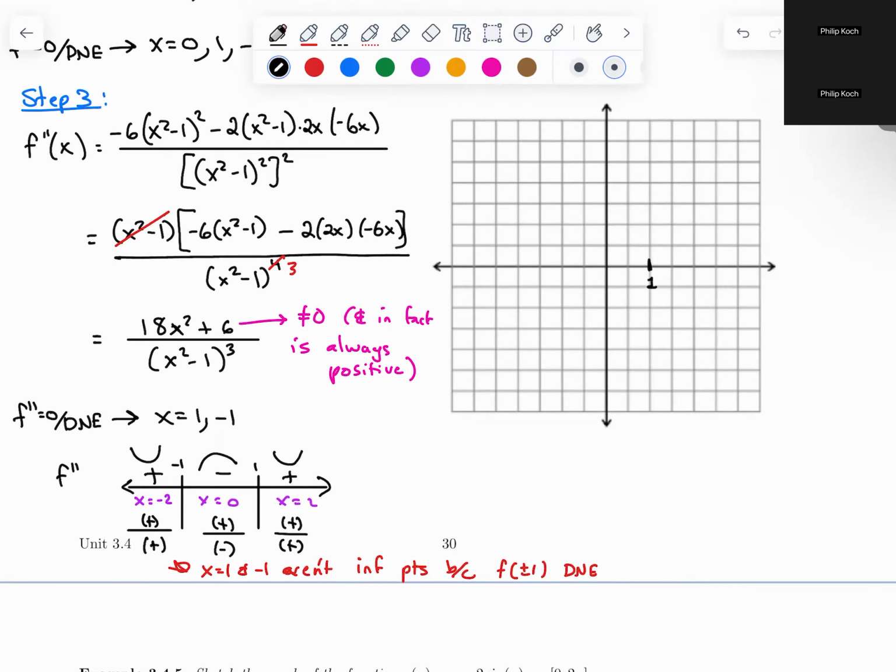Otherwise, this thing gets really cramped. So once we've done that, we now know where our vertical asymptotes are, where our intercepts are. So let's go ahead and plot all those things.